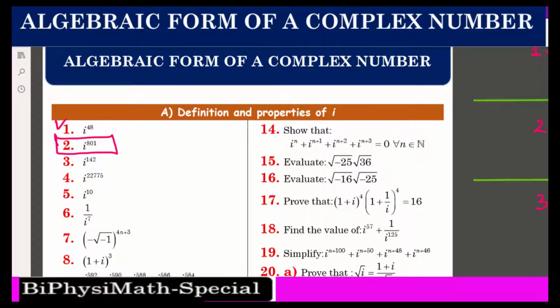Now problem number 3: i to the power 142.